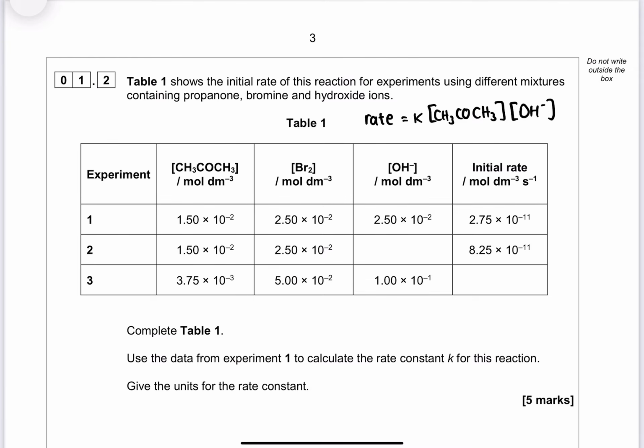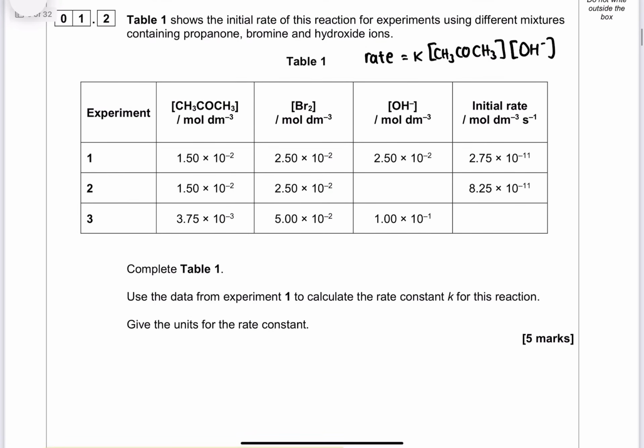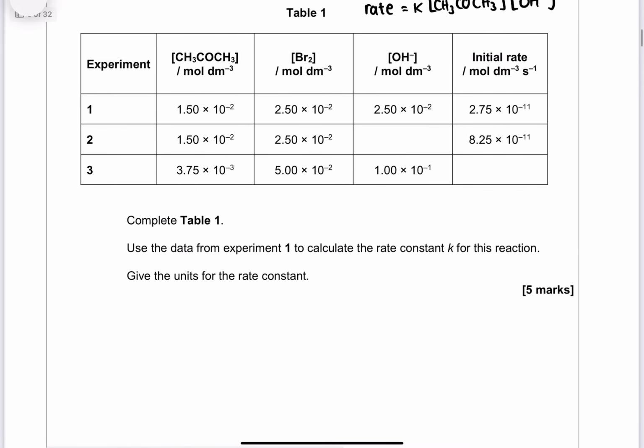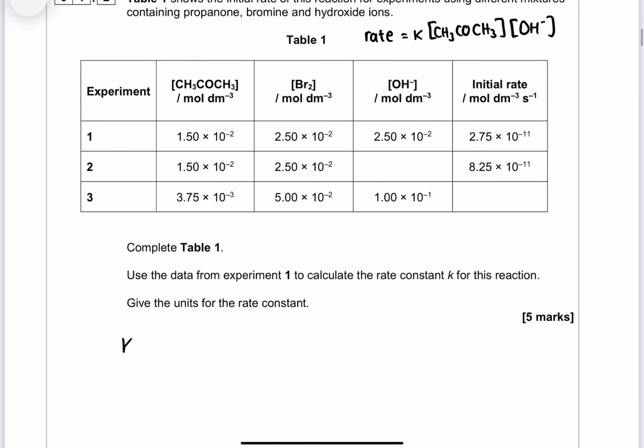There are two ways to do this. You could do the second part of the question first and find the value of the rate constant K by rearranging to say K equals rate divided by concentration of propanone times concentration of hydroxide ions. Put the numbers in.